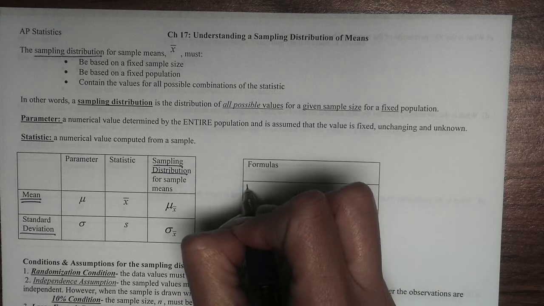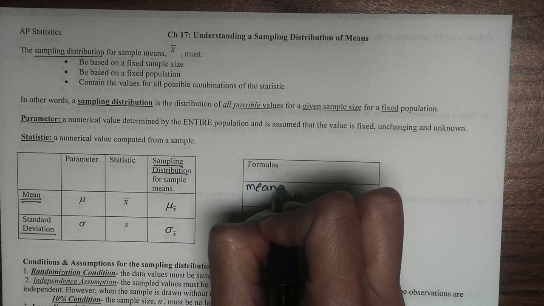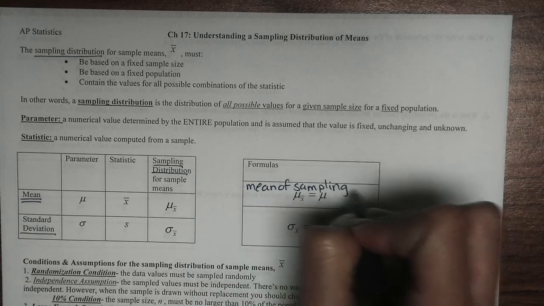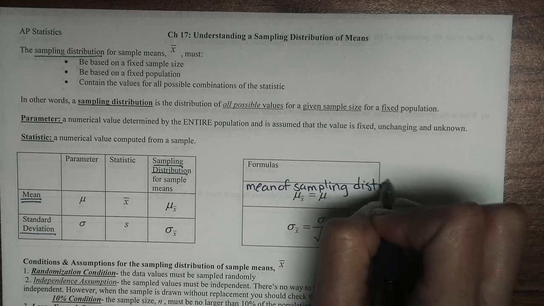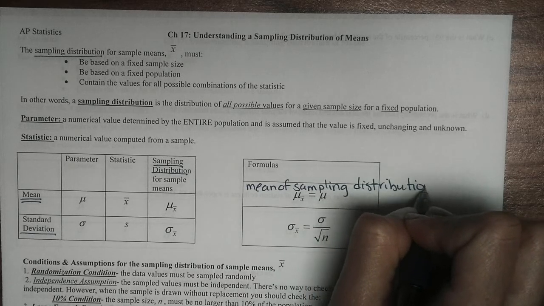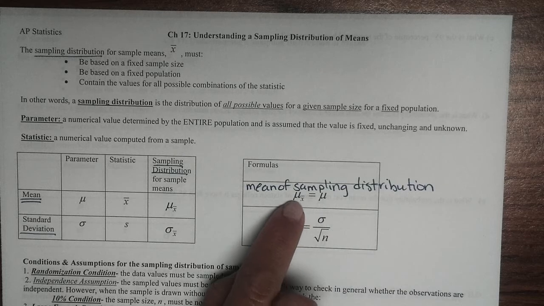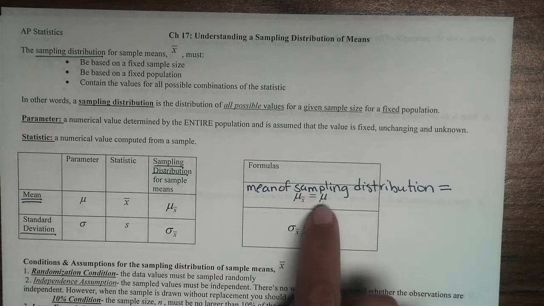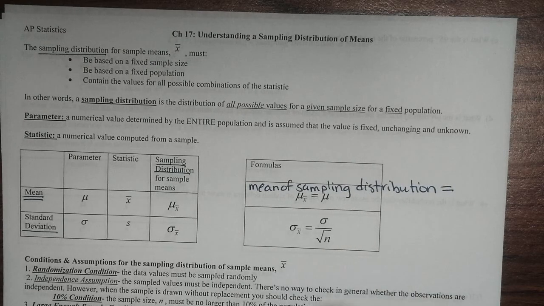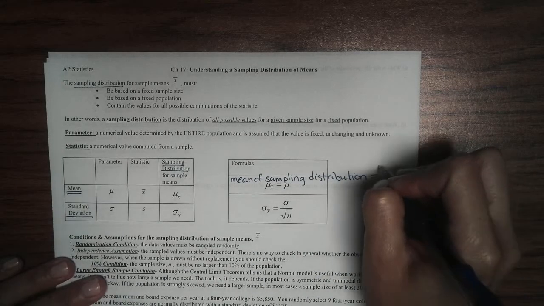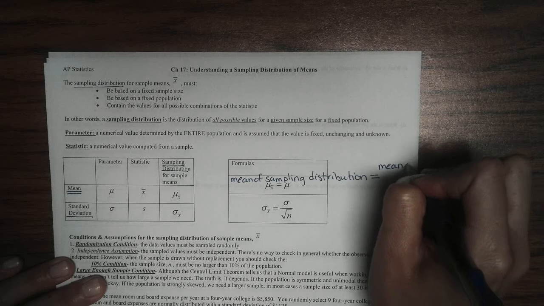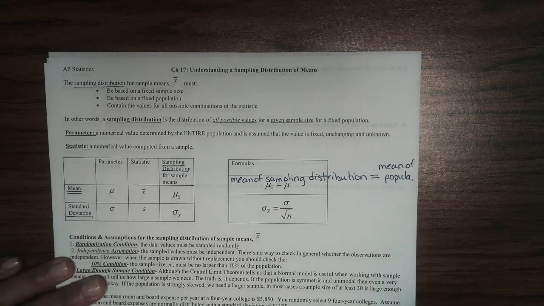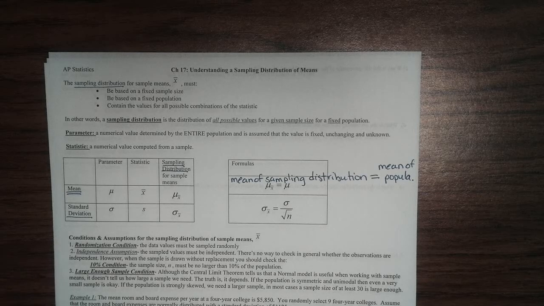Mean of sampling distribution, so that's this little mean of x bar, that's the mean of the sampling distribution, always equals the mean of the population. So that's the first formula you'll have to memorize.